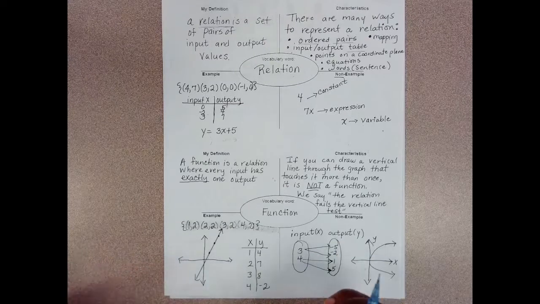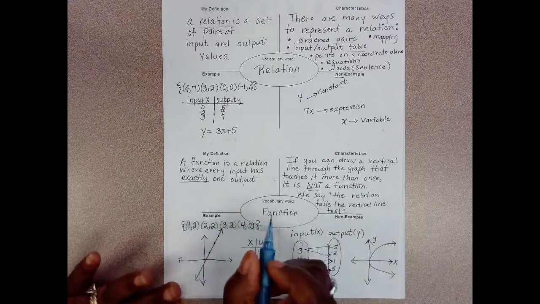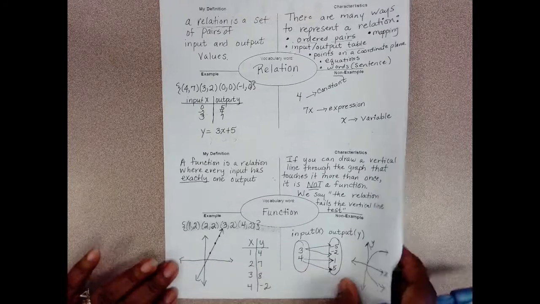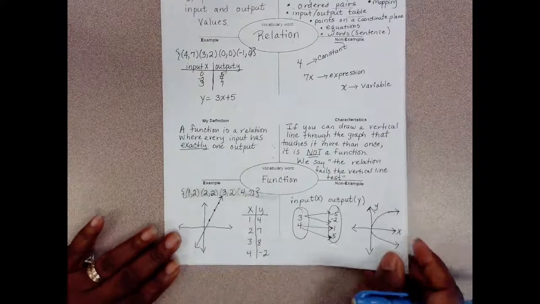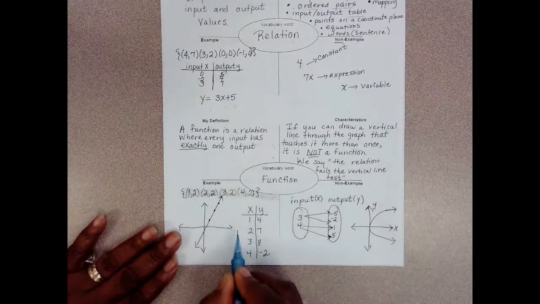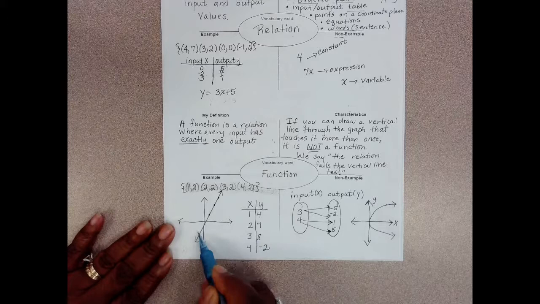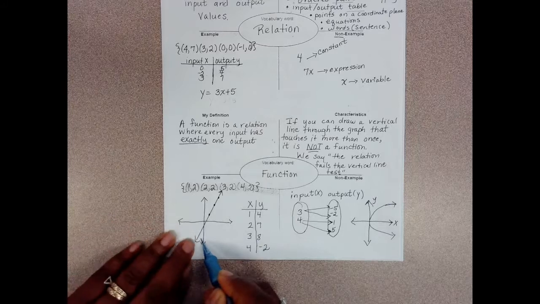All right, a function is a relation where every input value has exactly one output value. In other words, when I input a value for x, I get one value for y. So here is an example of a function. I have a graph, this line.